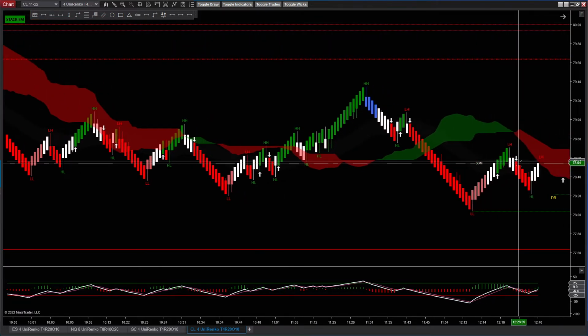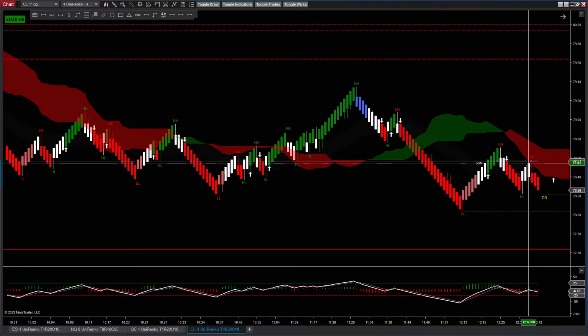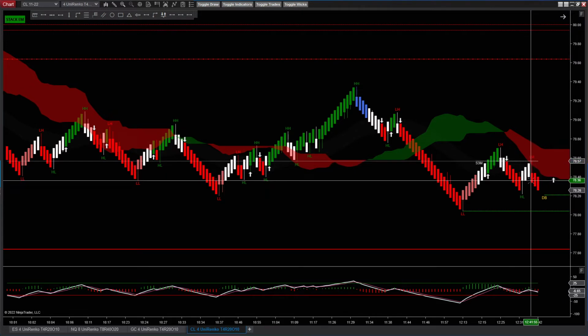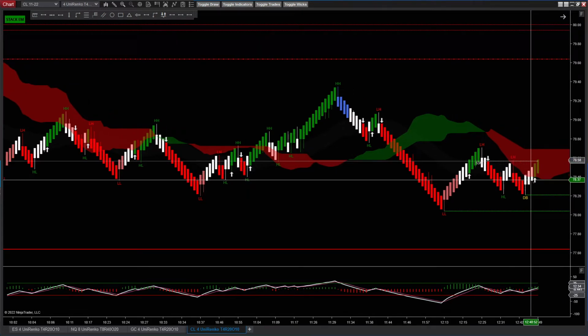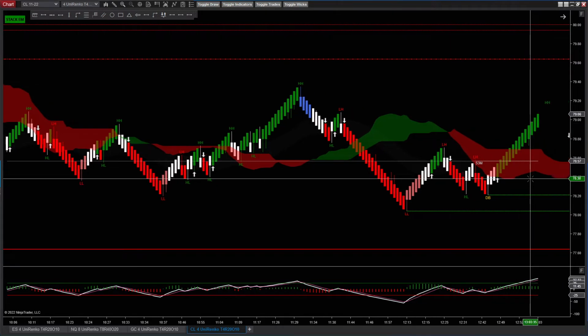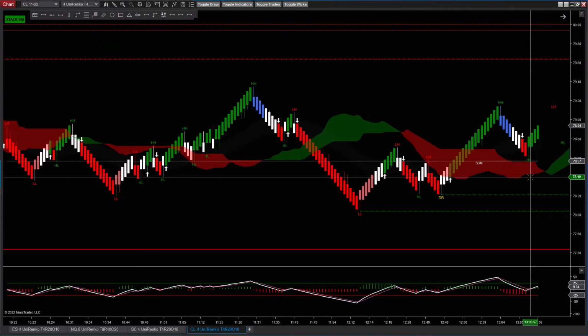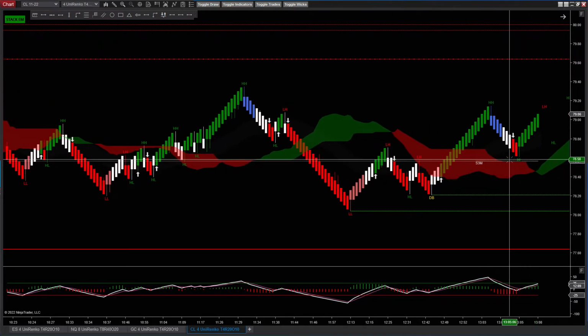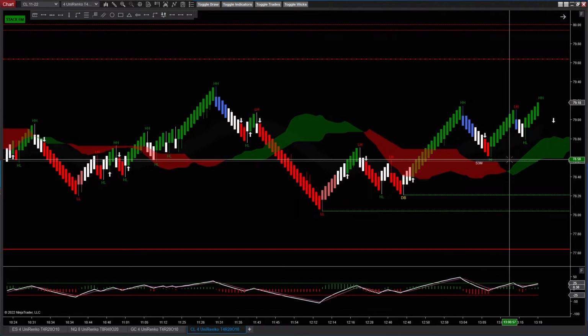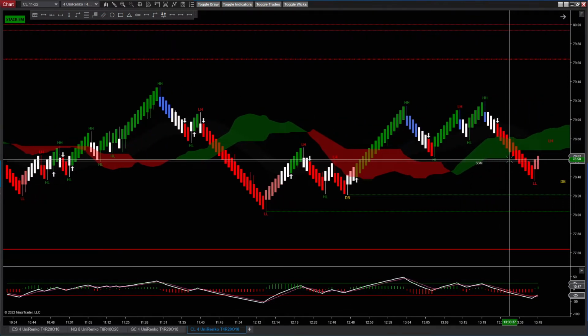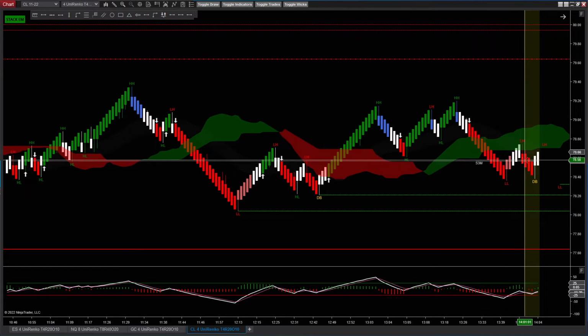Nothing there. Right there, you have a wick out of the cloud to the bearish side, failed. Not touching, a little bit above. Market is closing.